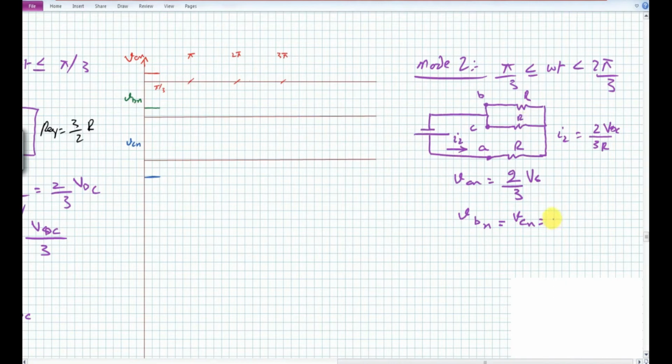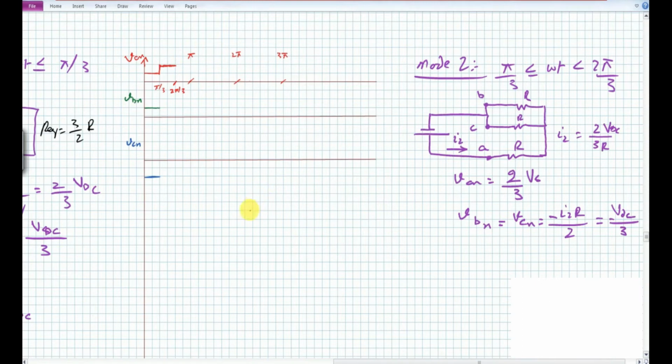So we have minus I2R over 2, that is equal to minus VDC over 3. So from this pi by 3 to 2 pi by 3, we have Va of n equal to 2 by 3 VDC. So this will rise to this particular point and retain for this much period of time.